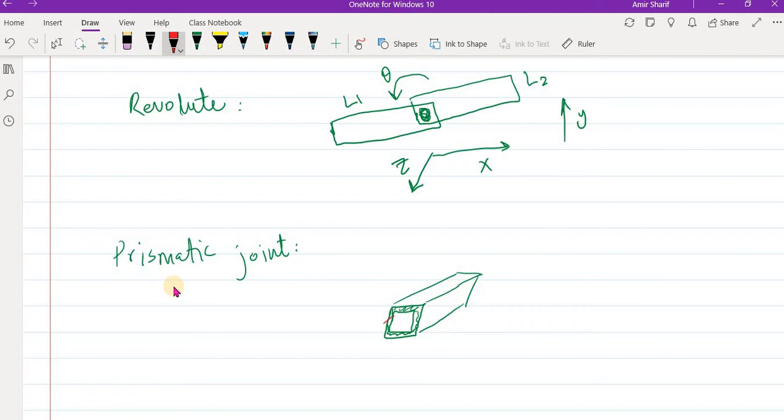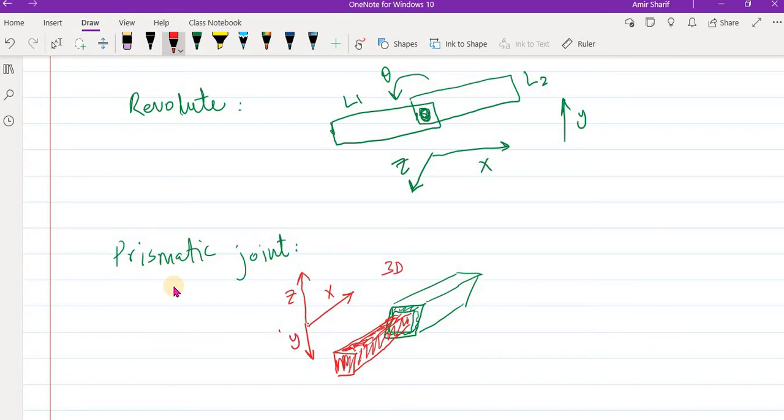Similarly, for the prismatic joint, this is a 3D version I made, and in 3D you can see that if I draw the axes, let's say this is the x-axis, this is the z-axis, and this is the y-axis.